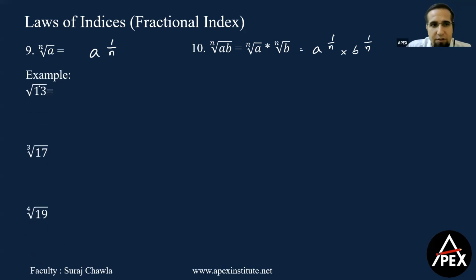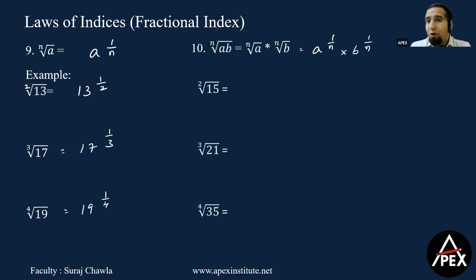For example, square root of 13 can be written as 13 to the power 1 by 2. Cube root of 17 can be written as 17 to the power 1 by 3. And fourth root of 19 can be written as 19 to the power 1 by 4. Similarly, square root of 15.